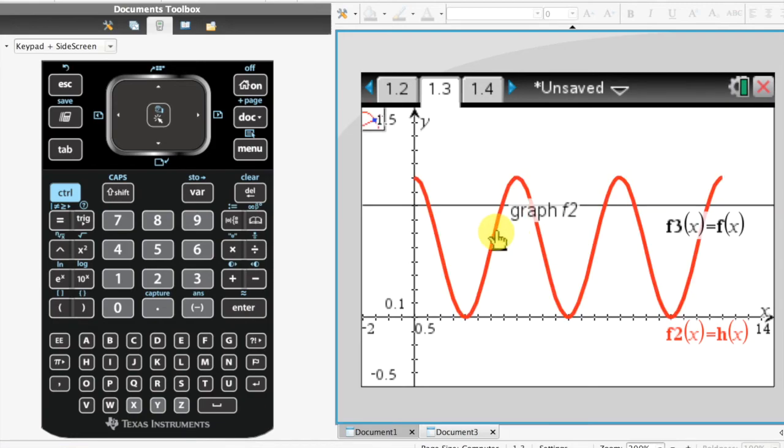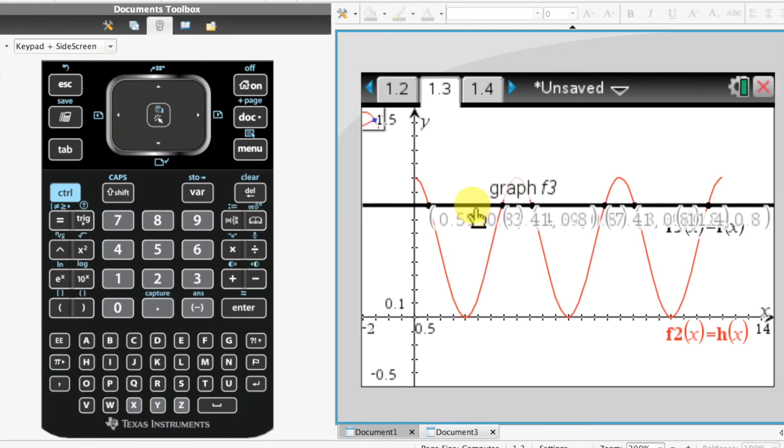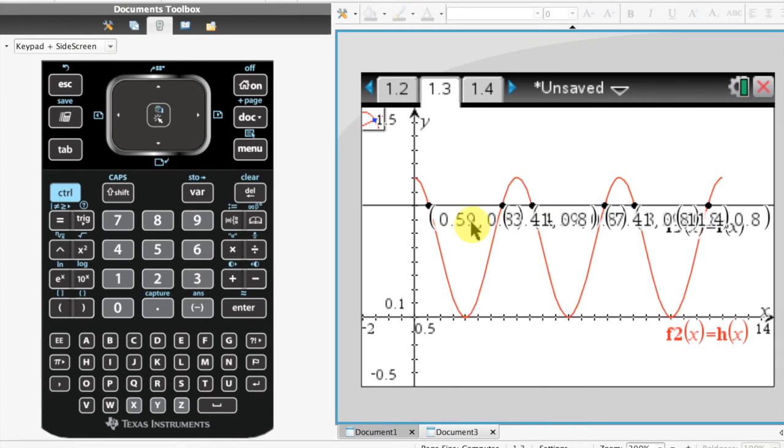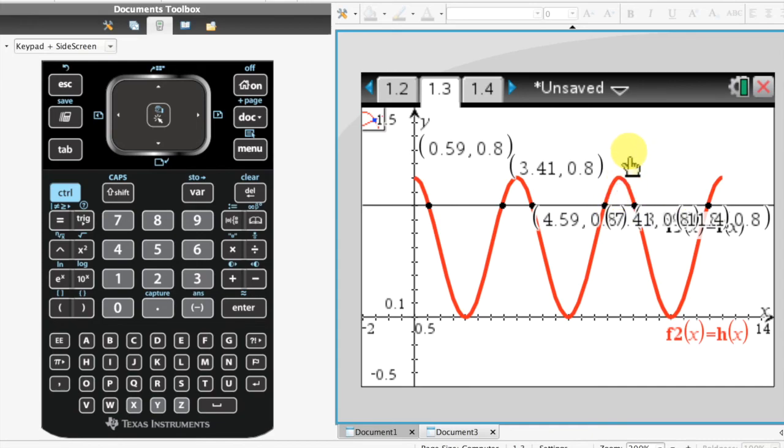Select the first graph, select the second, and there's all my values given to me. So you can see it's fairly congested. It's a 0.59. It's probably a little bit more difficult here on my CAS, but you get the idea that you can move those and read those off fairly easily.